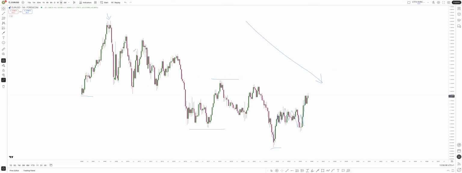The next thing you want to do after you check the structure, higher highs, higher lows on a time frame like this, let's say you pick monthly as your highest time frame, is to check the current trend that we are in. According to price action, this is the current trend that we are in, this high to this low.